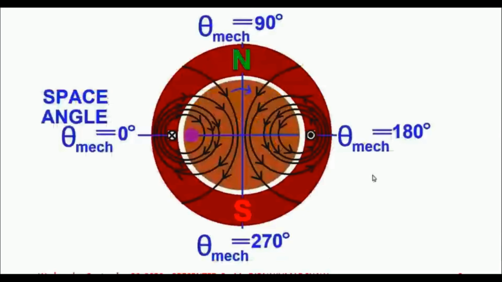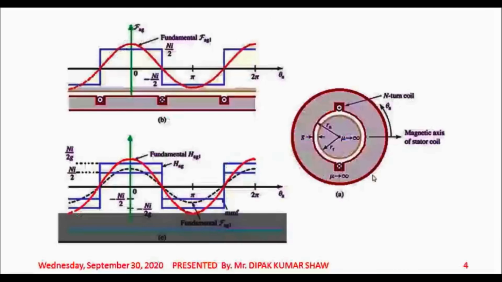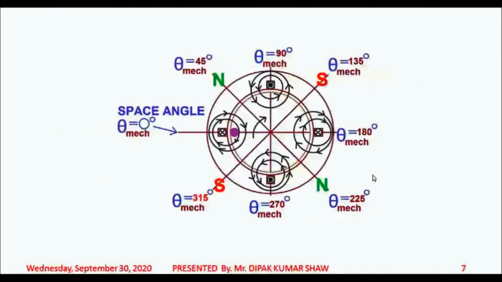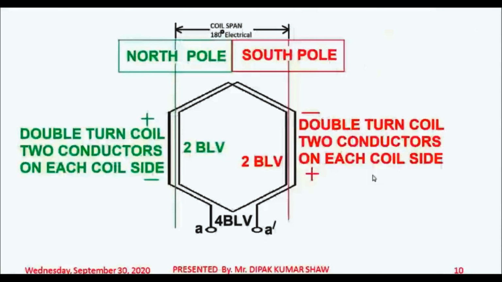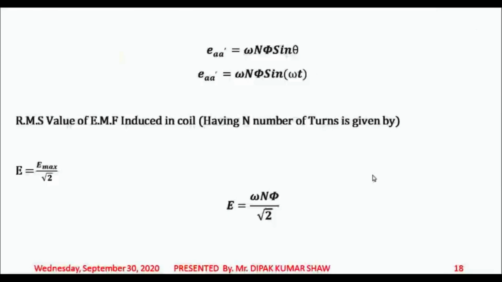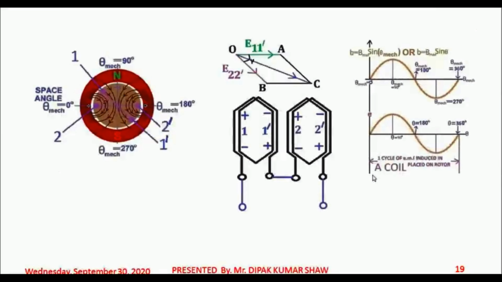So let me take you to the concerned slide. So you can take this particular diagram. What you can find in the diagram is that we had two coils which are named 1 dash and 2 dash.